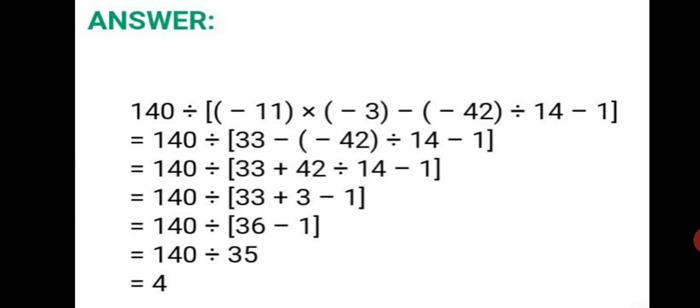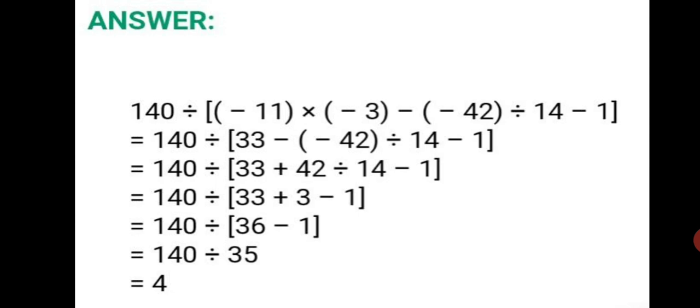Now again we are going to solve the bracket because there are multiple operations in brackets. When there are multiple operations in brackets, please solve the brackets first. So 140 we write down as it is in the third step. Divide by 33 as it is, because 33 plus 42 we will not solve until multiplication and division inside the bracket is over.